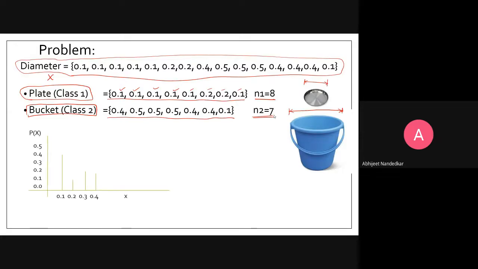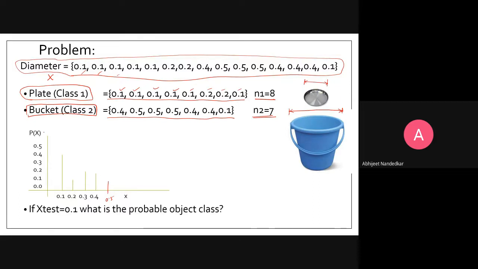Now if I plot a histogram for the different measurements, you can see there are some discrete values, maybe 0.1 here. I plot how many times 0.1 appears, how many times 0.2 appears, 0.3, maybe 0.5, and keep counting and dividing by the total number of samples. Then you can obtain this kind of graph. This is called a histogram of the probabilities.